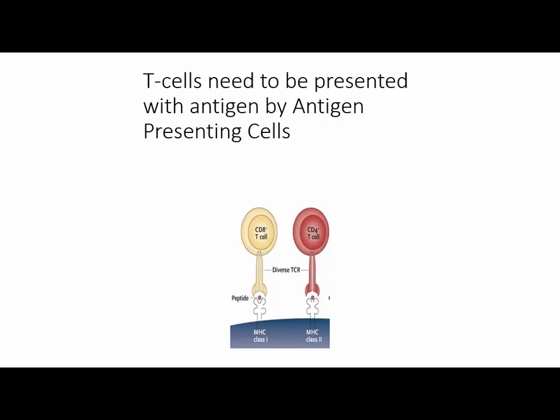And what happens is the antigen in question will be taken up into a cell, or will be present in a cell. It will be broken up, and the component or the epitope that the T cell recognizes will be attached to either MHC1 or MHC2. Okay?